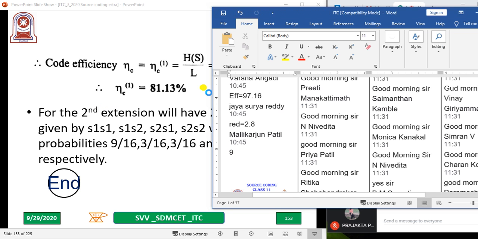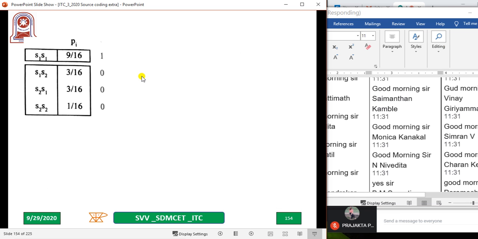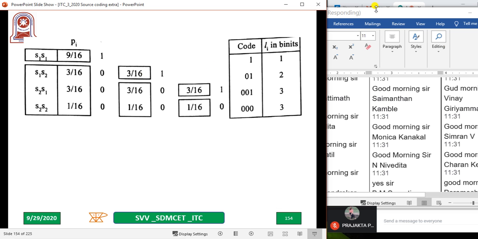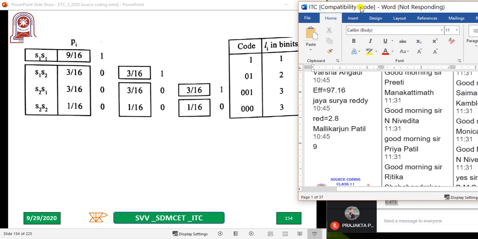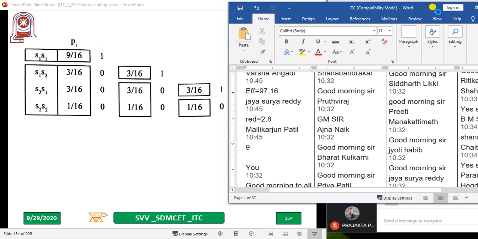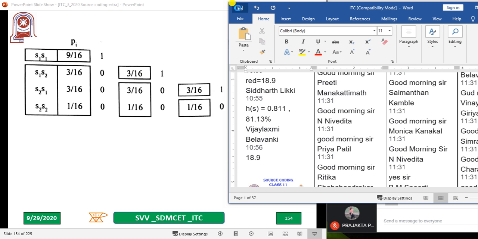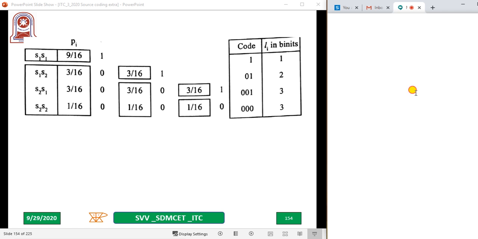Now I'll show you the next slide. So I have divided, just code words you can take, and using these code words you can find out the remaining. Find out the average length, find out the efficiency.